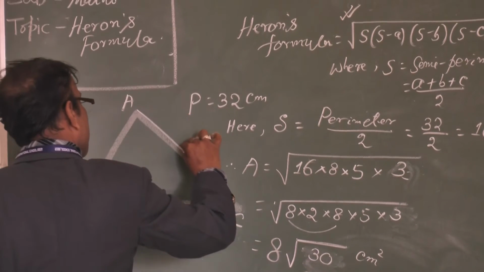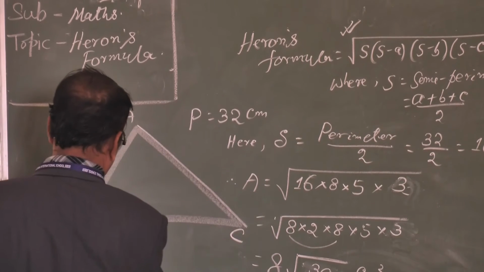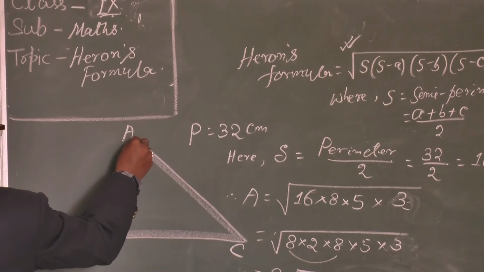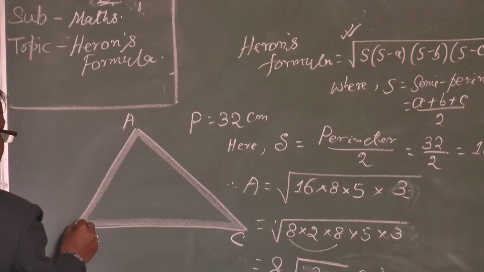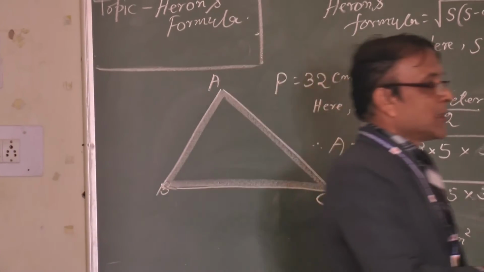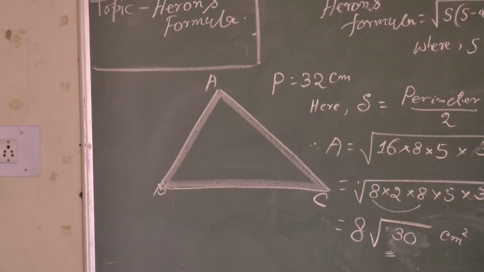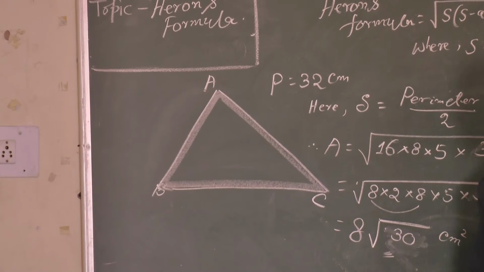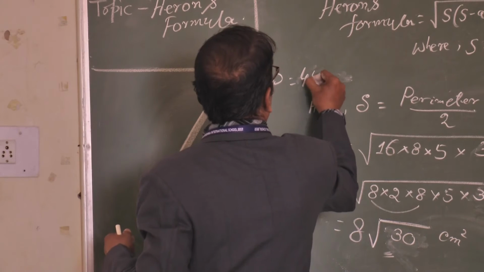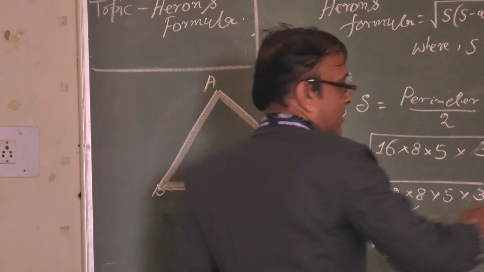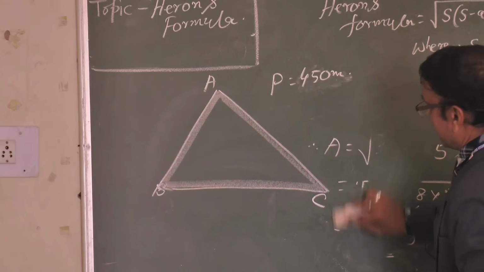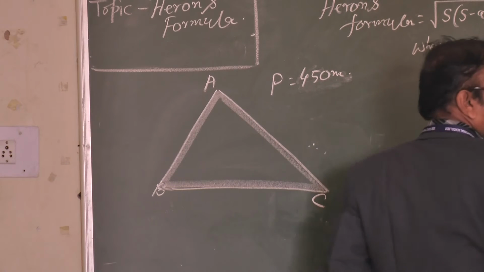Perimeter means these outer boundaries. So its perimeter is given, 450 meter. It is another question. So your perimeter is given, 450 meter, and what other things are given?